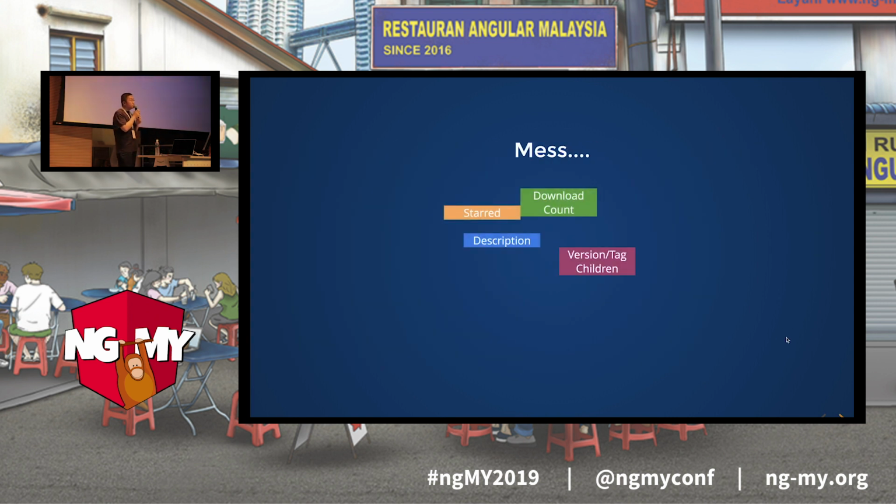Because in our project, not only one piece of information needs to be updated; a lot of information of our container needs to be updated, such as our container metadata has the star count, download count, description, and it also has some children information, such as version tags.